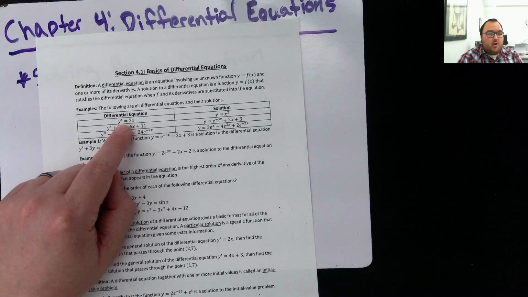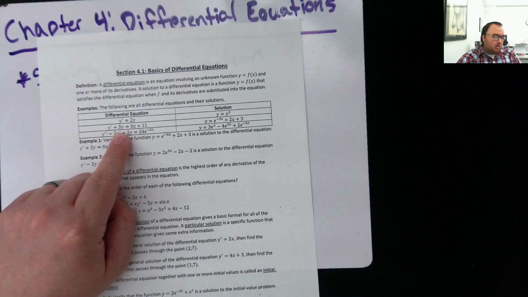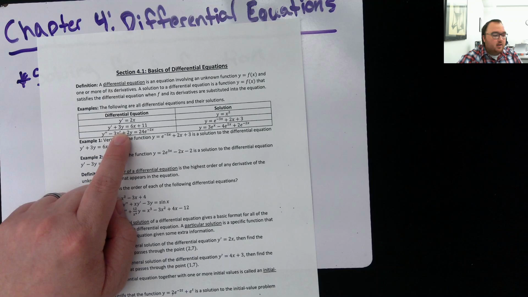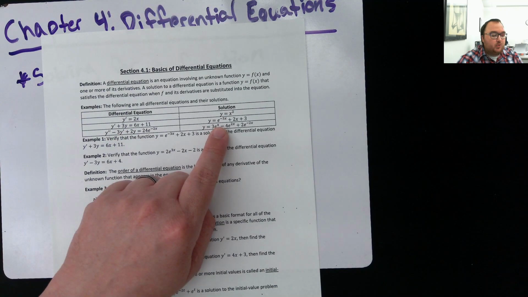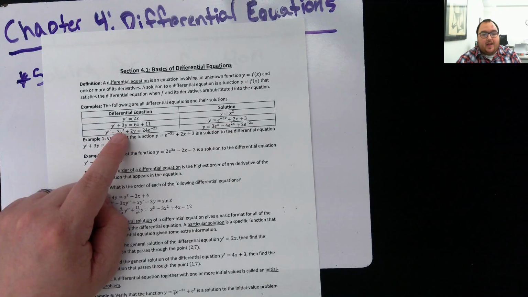Another example would be this one right here: y prime plus 3y is equal to 6x plus 11. Again, I want to solve it for y. What y would make that true? If I were to plug in the function y equals e to the negative 3x plus 2x plus 3, I would see that it's right. This is what I would plug in here for y to make that true.